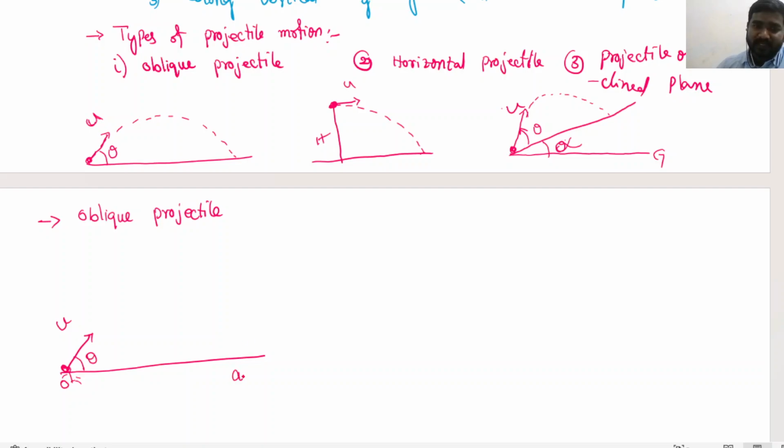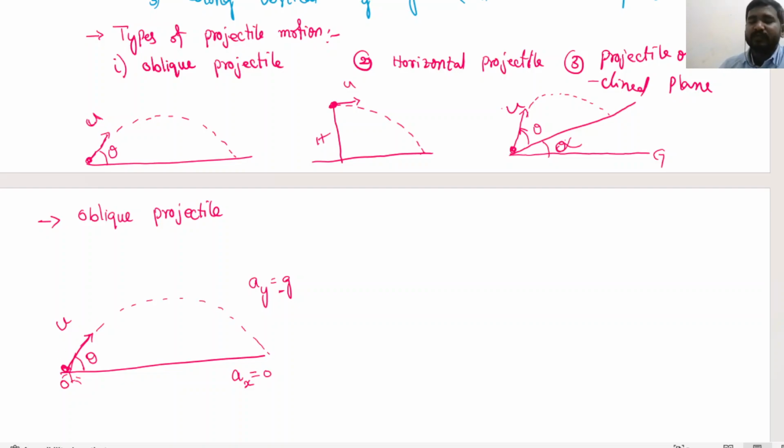Already we know acceleration along the x direction equals 0 and along the y direction equals minus g. Therefore, along the vertical direction there is uniform acceleration, and along the horizontal uniform velocity. Therefore, the body will be projected like this.